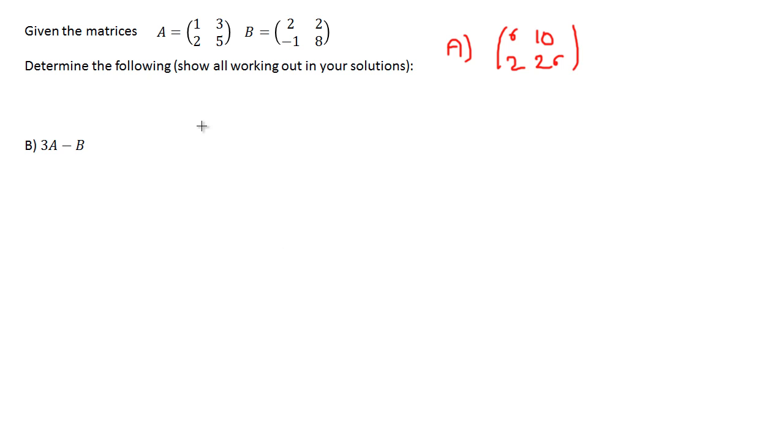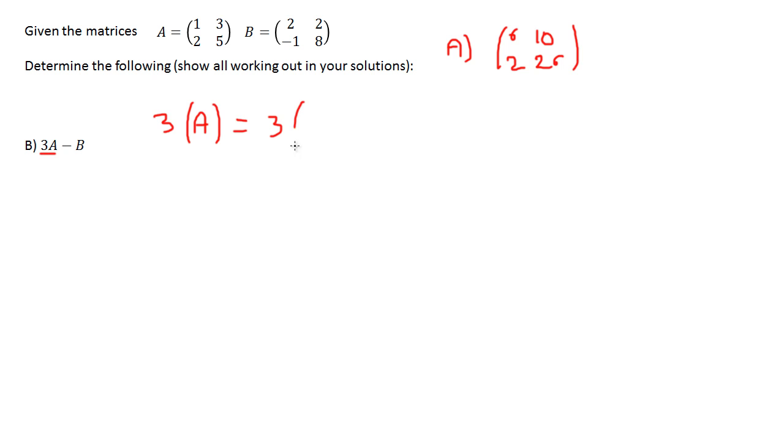Now in part B we have 3A minus B. Now before we do this, we've got to find out what 3A is. So 3 times A. It's the exact same thing as 3A there.